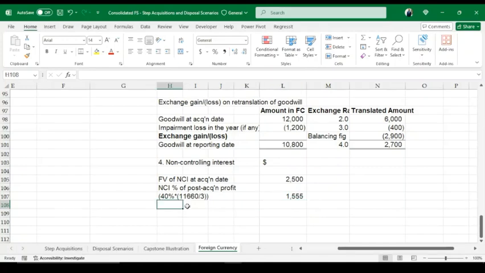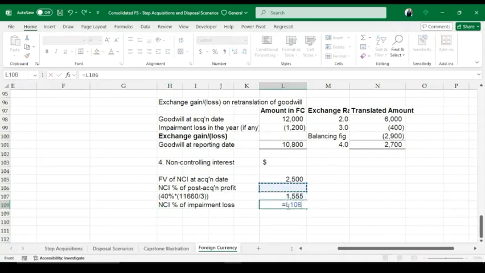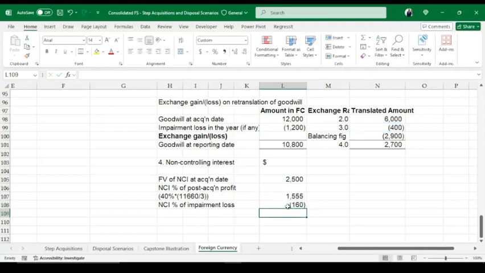We are going to have the NCI percentage of impairment loss, and that will be equal to, what is our impairment loss? It is 400. This 400 here, that's the dollar amount, multiplied by 0.4, which is 40%, and that will give me 160 right there.